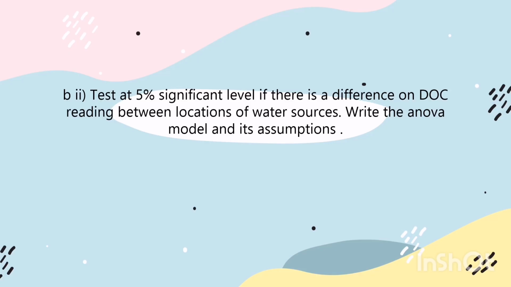For the second question, test at 5% significance level if there is a difference on DOC reading between location of water sources. Write the ANOVA model and its assumption.